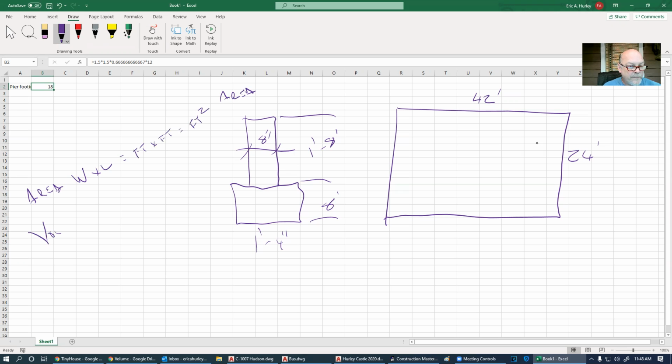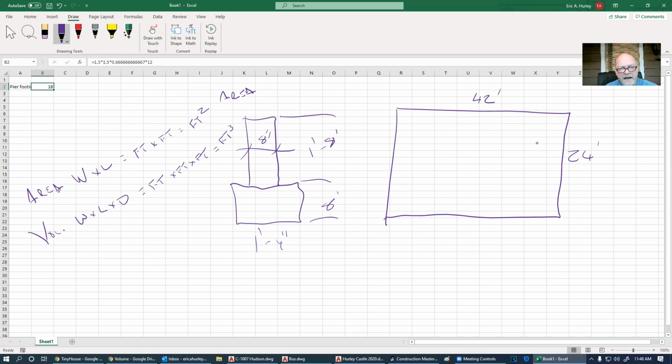Whereas when we're doing volume, we have the width times the length times the depth, equals feet times feet times feet, which is equal to cubic feet. And then I'll tell you about converting this into cubic yards.